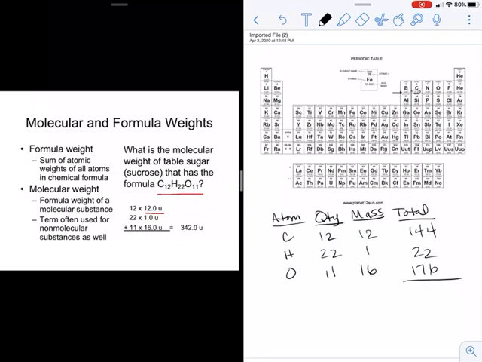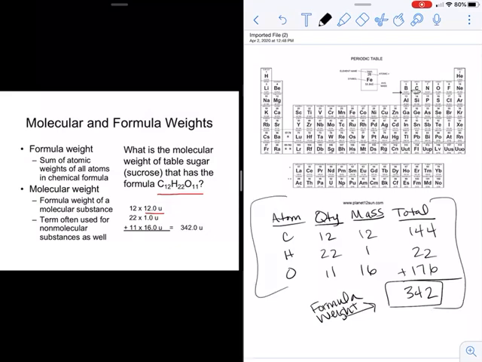If you add all of these up, that should give you about 342. That number is the formula weight. Formula weight and molecular weight are kind of interchangeable. If it refers to formula weight or molecular weight, this process is what it's wanting, okay? Hopefully that makes some sense.